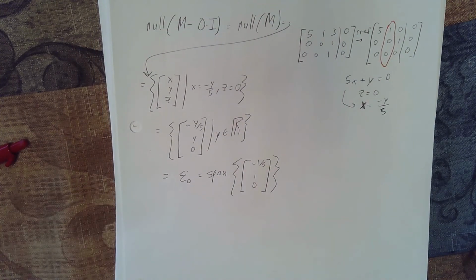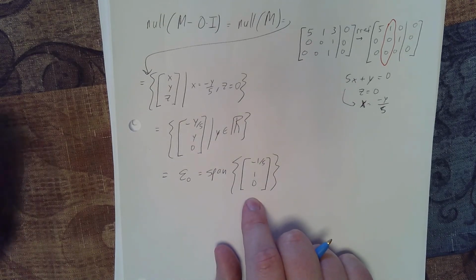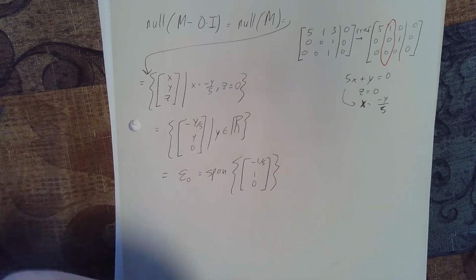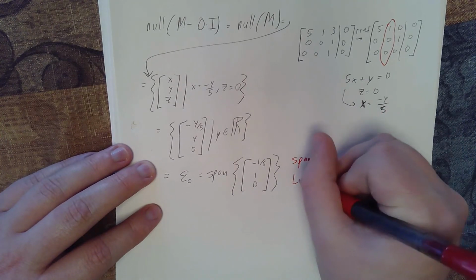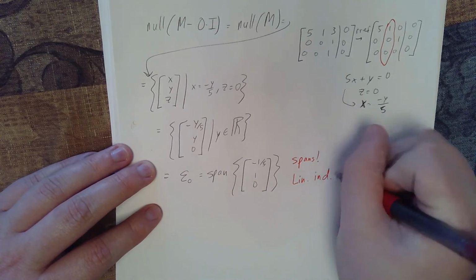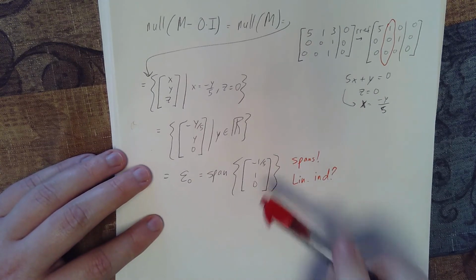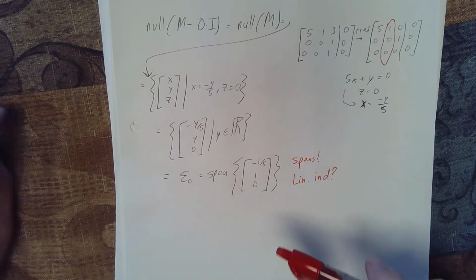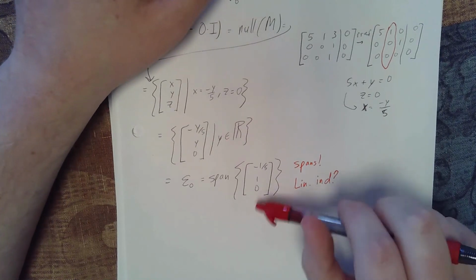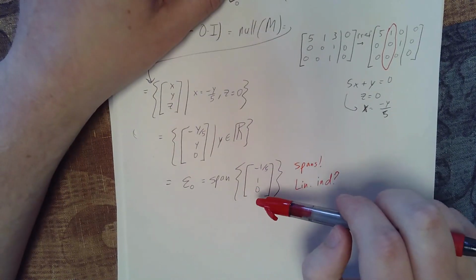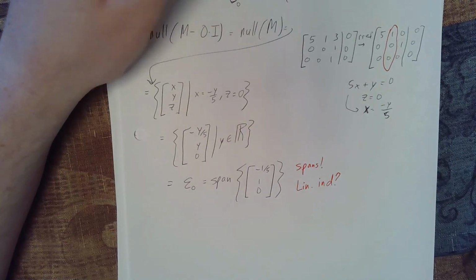So now we have this eigenspace. This is a spanning set. We want to know if it's linearly independent. Since we have a single non-zero vector, we have something that will be linearly independent, because this times a scalar equals 0 only works if that scalar is 0.